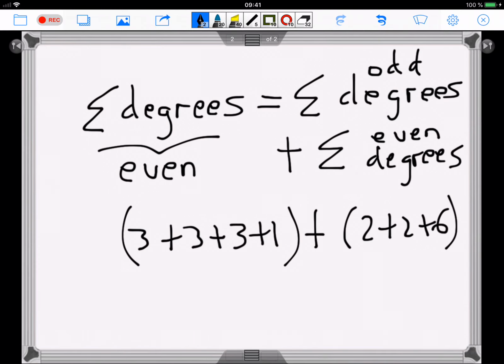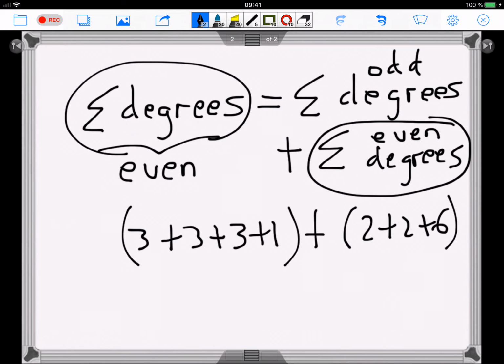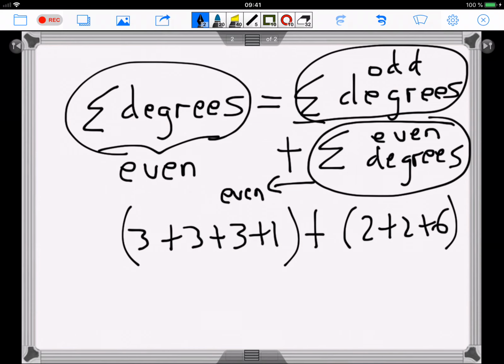Okay, but we know that this number is even, the sum of all the degrees. Of course, if we sum even numbers, we obtain an even number. So this number here is also even. So we are summing something with an even number and obtaining an even number.